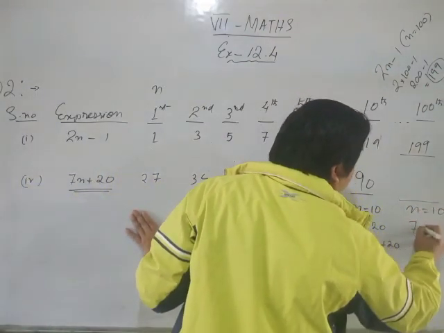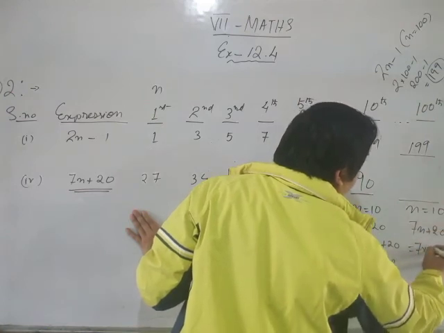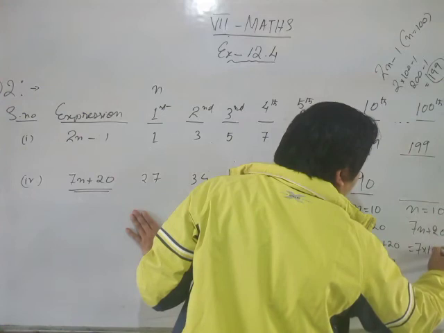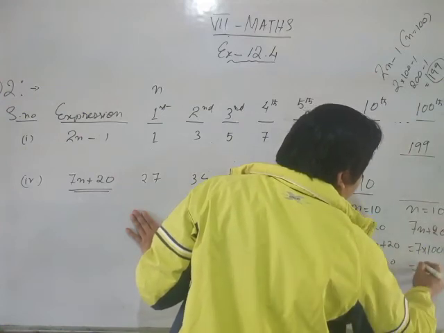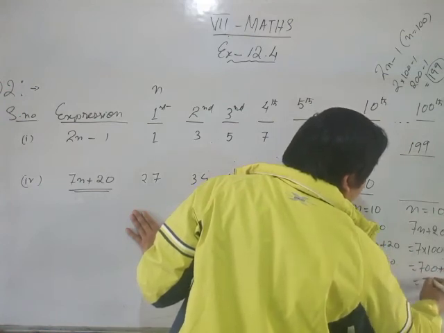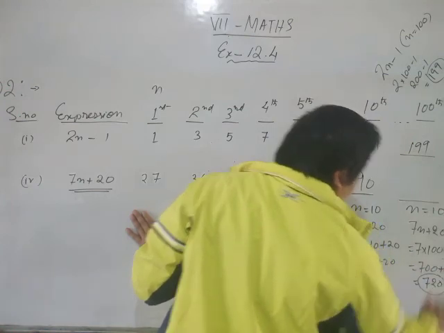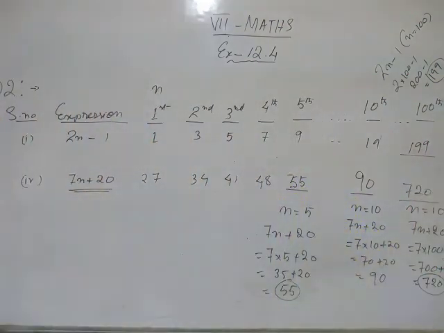So 7n plus 20 equals 7 into 100 plus 20, that means 700 plus 20, that will be 720. This is the answer we are getting.